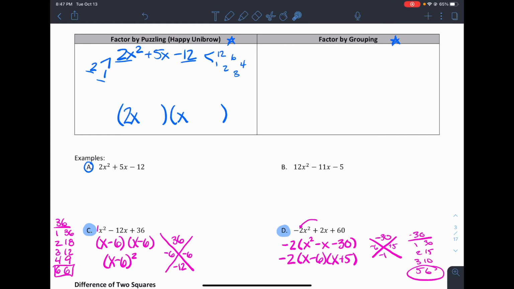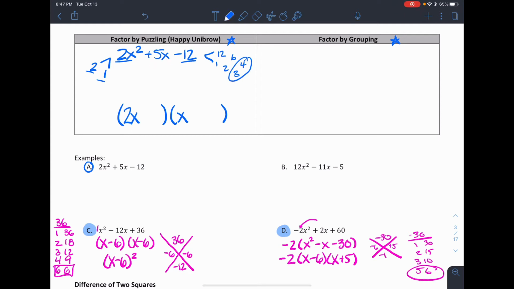Okay, 2 times 2 is 4, which is pretty close to 5, but 6 and 4 won't get me to 5. Or 6 times 2 is 12, and 2, that won't get me to 5. 3 times 2 is 6, and 4, that won't get me there either. But 4 times 2 is 8, and 3, that can get me to 5.